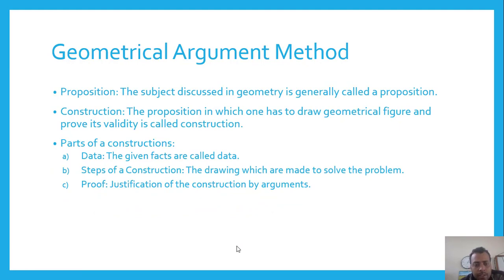There are three parts in a construction, which are data, steps of a construction, and proof. Data is the information which is already given. That is, the given facts are called data. Steps of a construction is the drawing which is to be made to solve the problem. And proof. Proof is the justification of the construction by arguments.